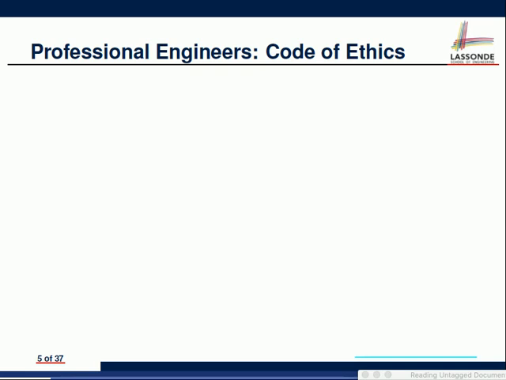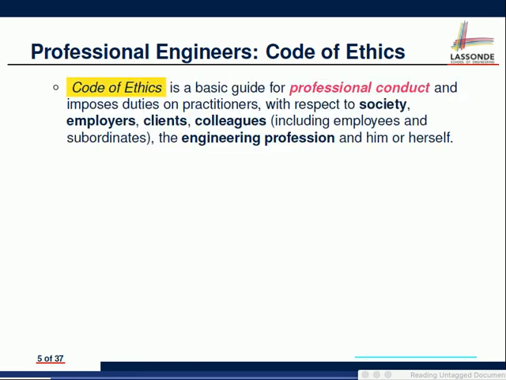If you become a professional engineer, let's say in Ontario, we have different associations across Canada, in Saskatchewan, Alberta, British Columbia, and Ontario, every province. In Ontario, they have something called a code of ethics, meaning that once you become licensed, you have to comply with certain rules of conduct.